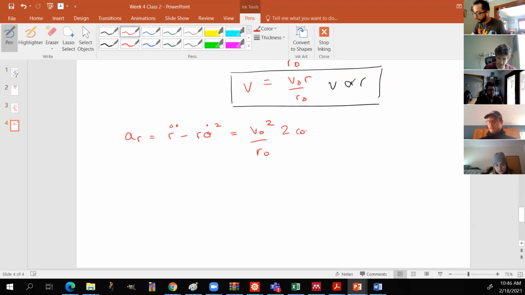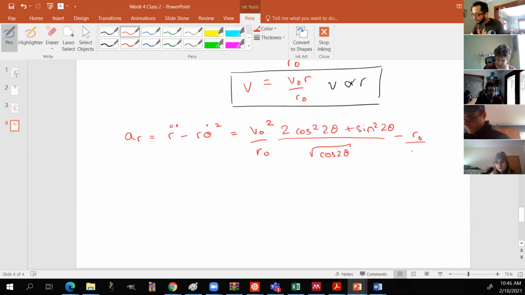times 2 cosine squared 2 theta plus sine squared 2 theta divided by the square root of cosine 2 theta, minus R naught divided by cosine 2 theta times V naught squared over R naught squared times cosine squared 2 theta.